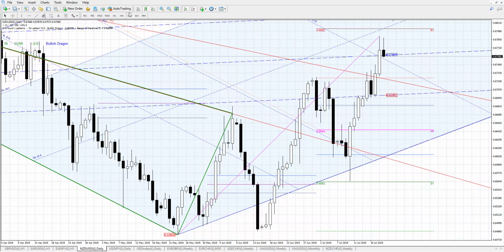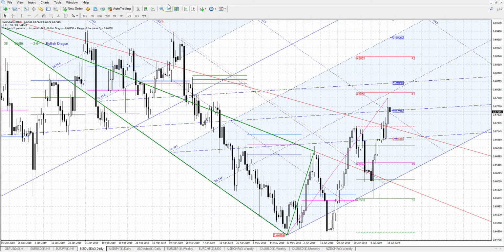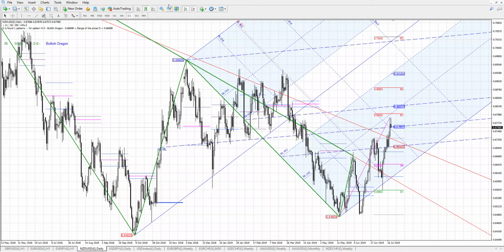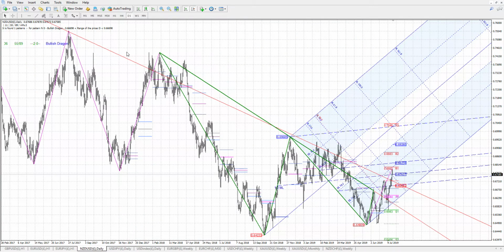Daily, bullish dragon. Wow. Okay, let's delete that line. So we see we've broken that diagonal, a bounce, there's a monthly pivot there. And we've got this shift pitchfork there, which is ascending with an ascending pitchfork main.